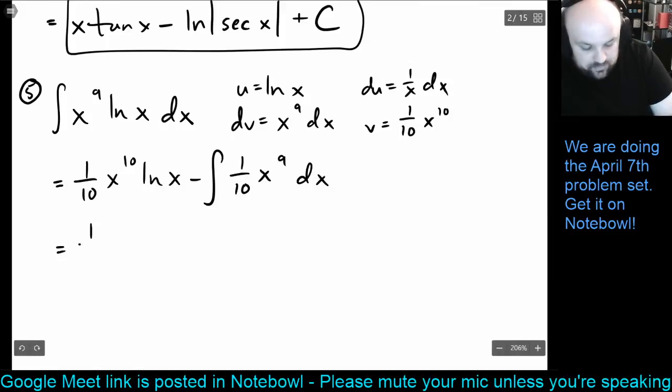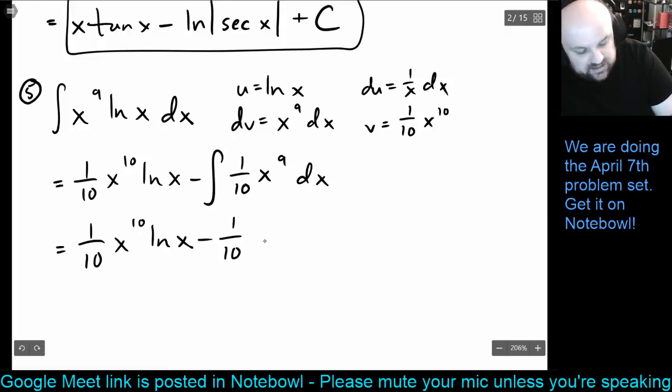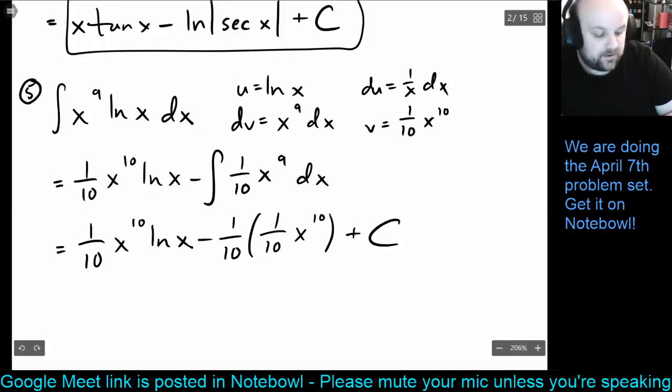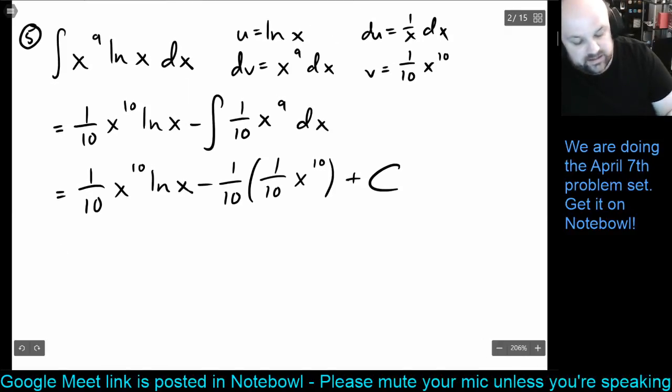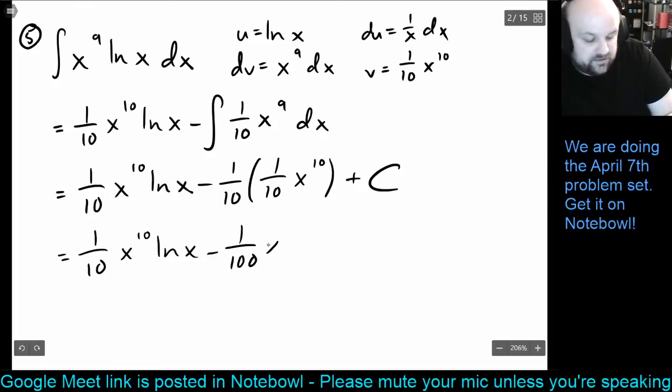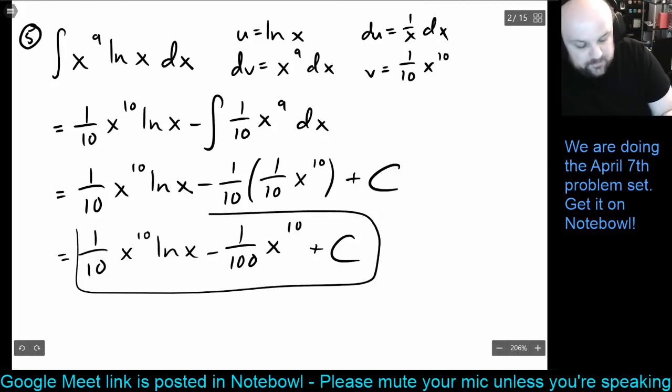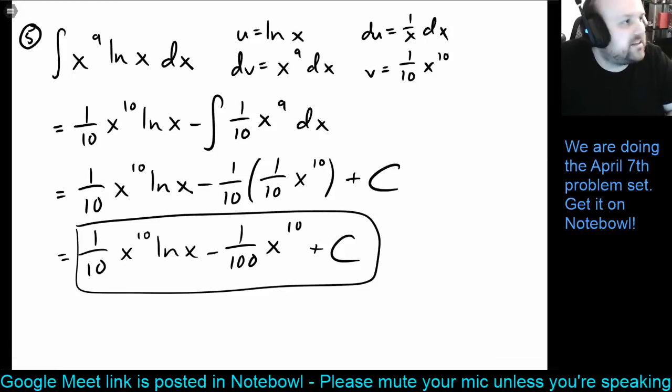And so integrate this piece, 1 over 10 times another 1 over 10 x to the 10. And then, if you like, you could simplify it a little bit by just multiplying this out, if you so choose. Leaving it as the line above is also perfectly fine. Completely up to you.